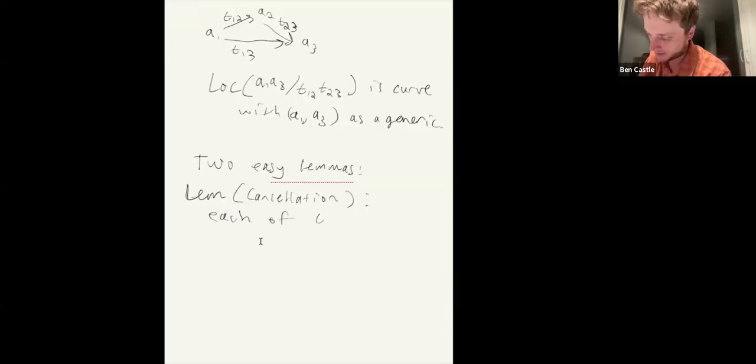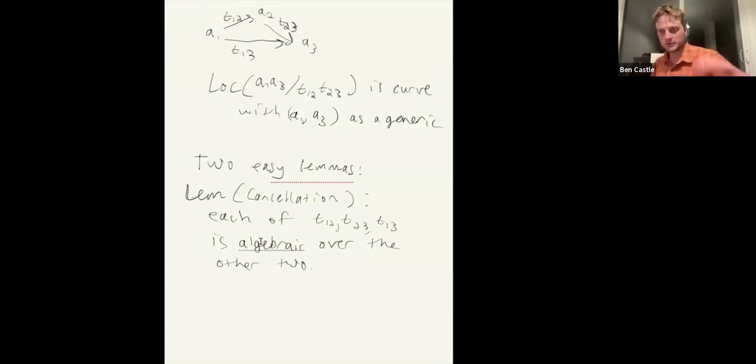In such a configuration, each of the T's is algebraic over the other two. I'm calling it a cancellation law. It's like if you know a product of two things, and you know what one of the two factors is, then you know the other factor. That's why it's a cancellation law.